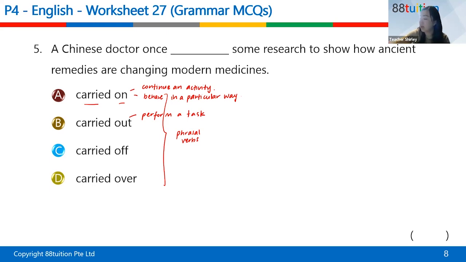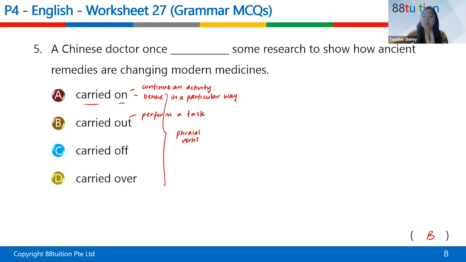So I think by now we know that the answer should be B, because the Chinese doctor is trying to perform a task. And what task is he performing? He's performing some research to show, he wants to prove that those ancient remedies can help in changing modern medicines.